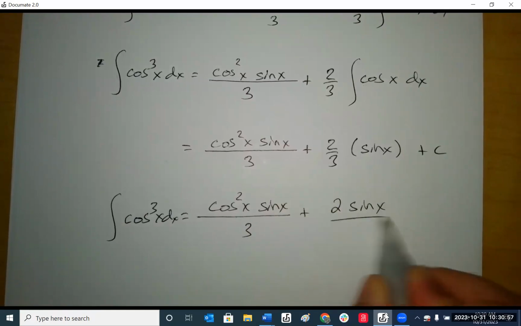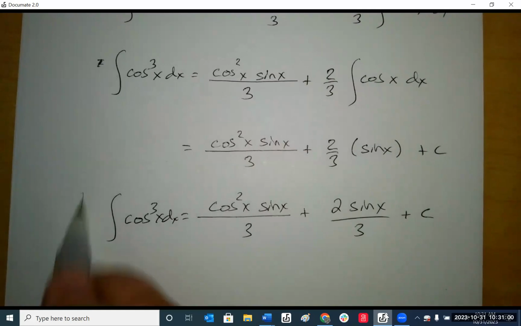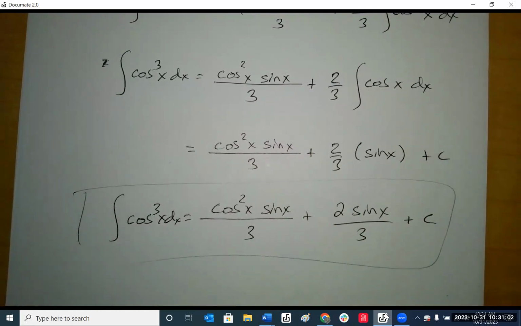Now we have a formula we can use whenever we need it.